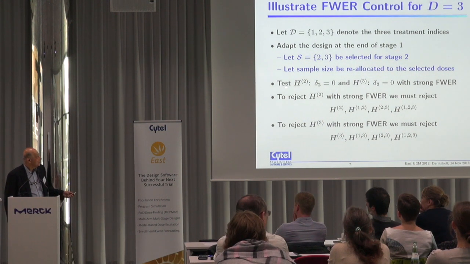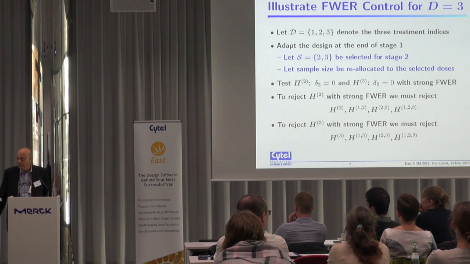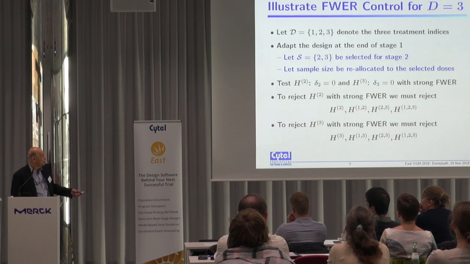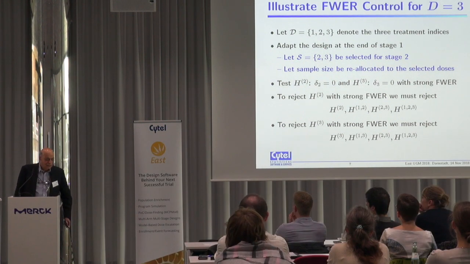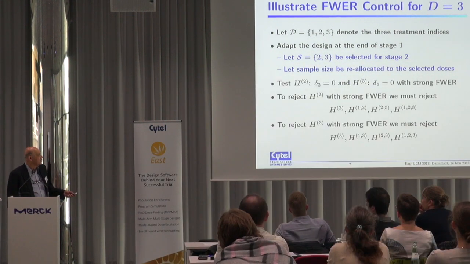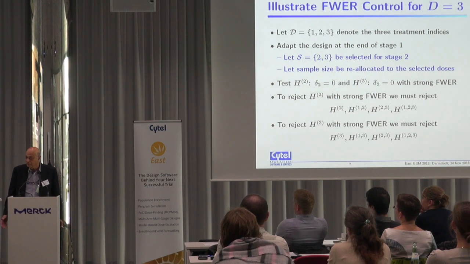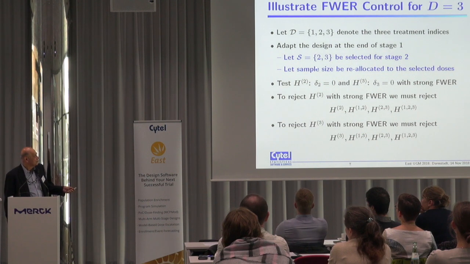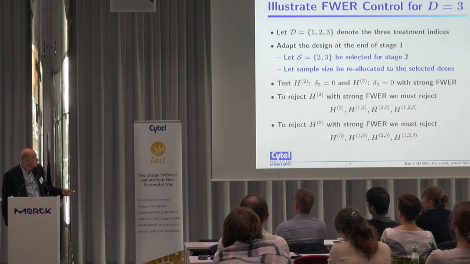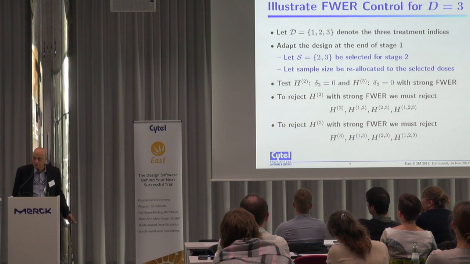And let's suppose that the sample size is reallocated to these doses that are going forward after you drop dose 1. So now we are interested at the end of the study in each of them. We want to know whether dose 2 was statistically significantly different from control. And we want to know whether dose 3 was. So we have two hypotheses that we want to test.